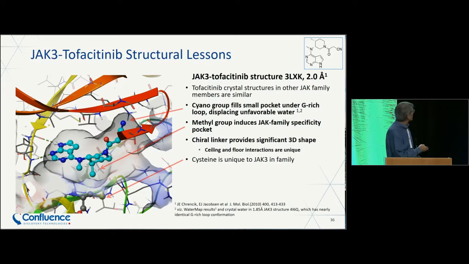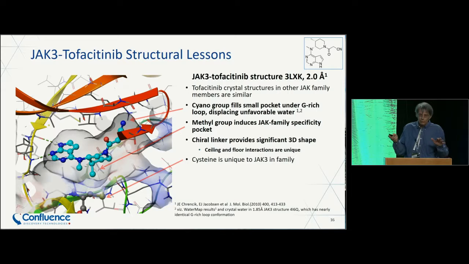Another point, and this is even much more important, the compound binds to the hinge, and it has that chiral group I've been talking about, and that projects this ketonyl up to the ceiling, up to the G loop, and in doing that, it fills a hole which has an unfavorable structural water.